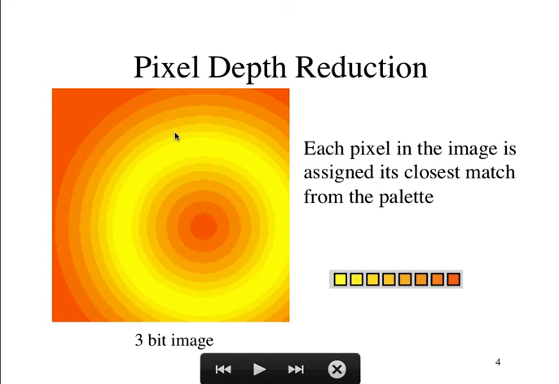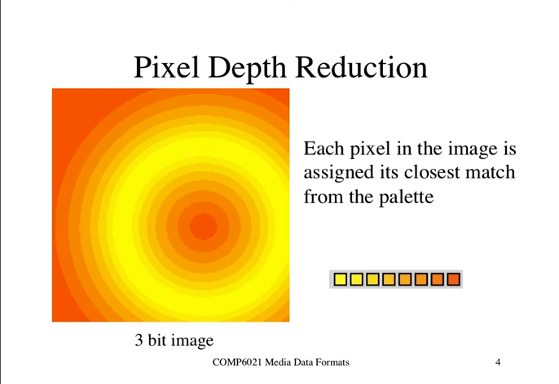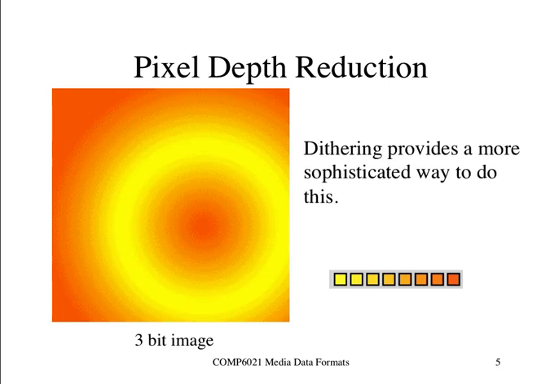So every shade of orange in this image has to be either this or this, and forcing that choice creates that banding, which is unsatisfactory.